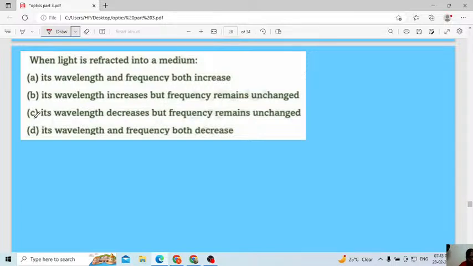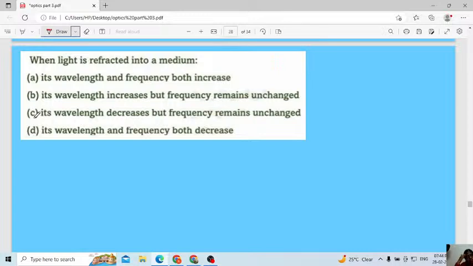Next, when light is refracted into a medium, its wavelength and frequency both increase. Its wavelength increases but frequency remains unchanged. Wavelength decreases but frequency remains unchanged. Its wavelength and frequency both decrease. What is the correct answer?